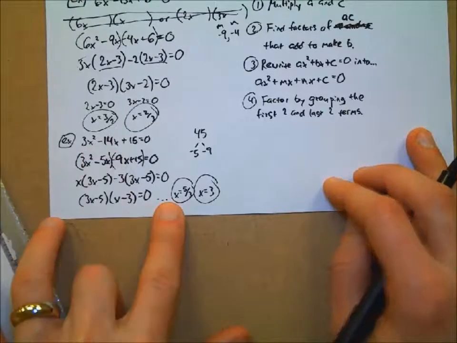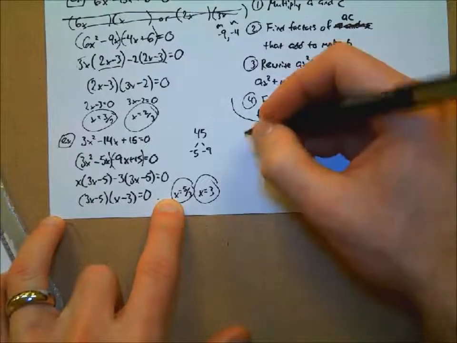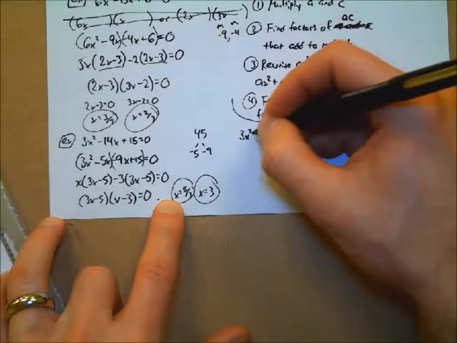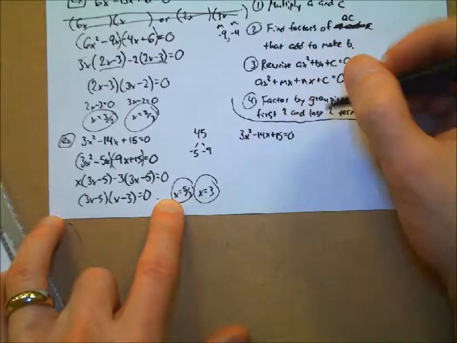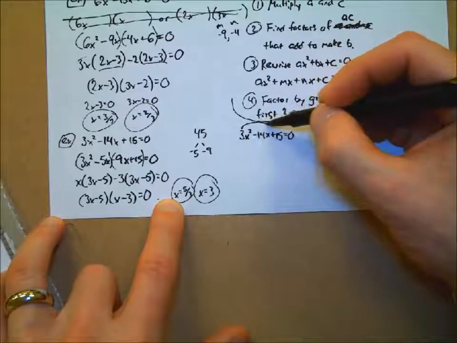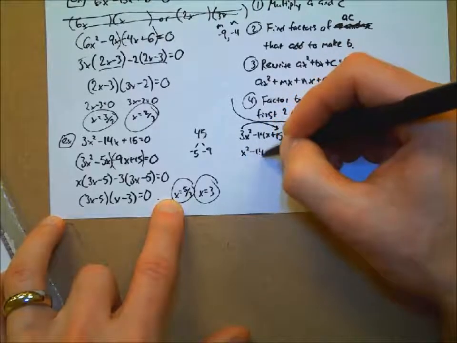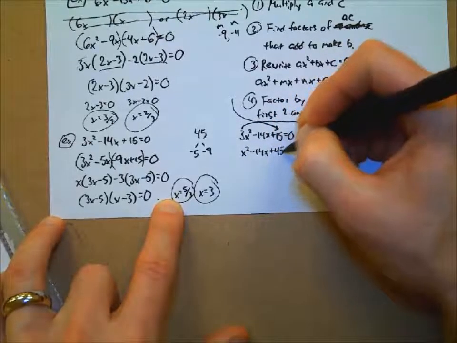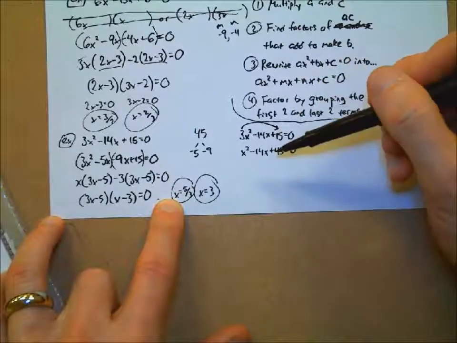Okay. Let me show you slide and divide with the same problem. Squeeze it over here. Slide and divide. Here we go. You ready? You slide the 3 back to the 15. And we create this problem right here.